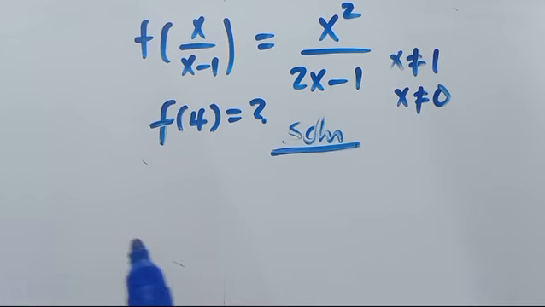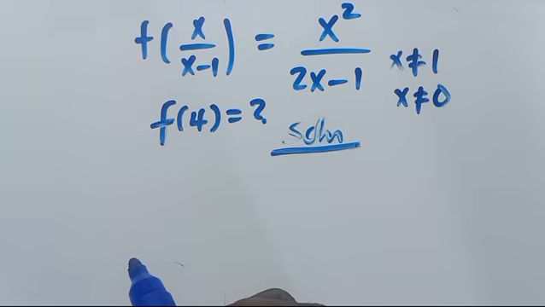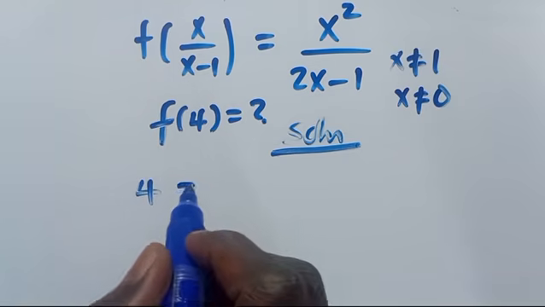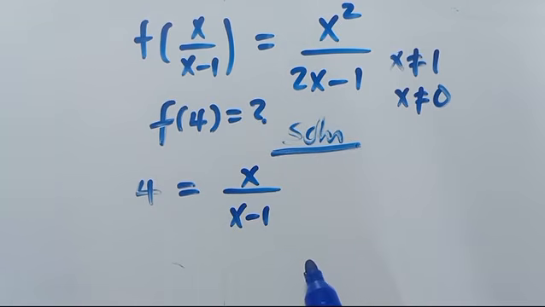So having known that, let us now recall we are asked to find f of 4. We can use the substitution method by letting 4 equal x over x minus 1.